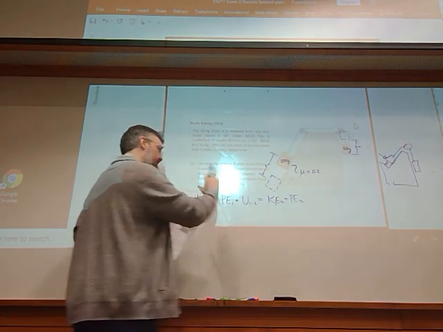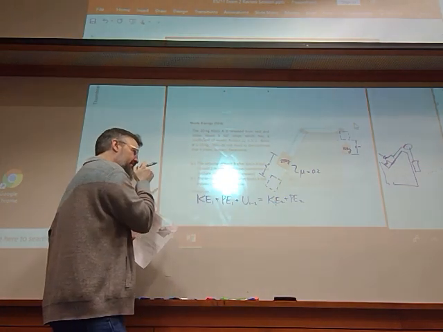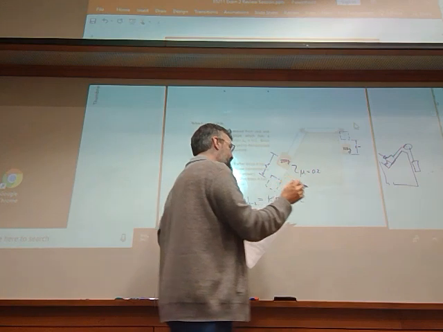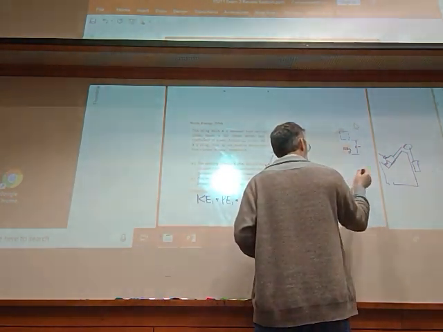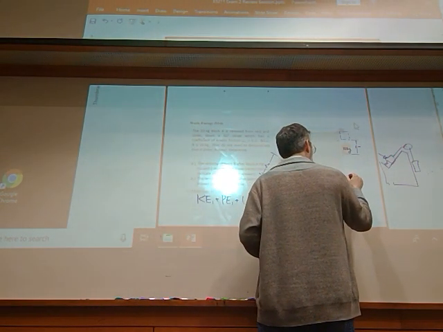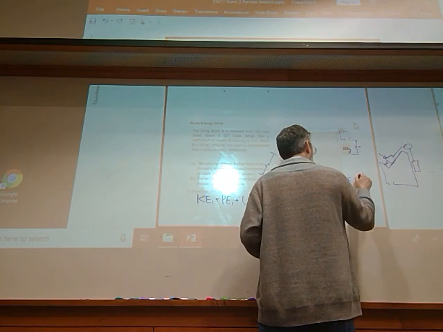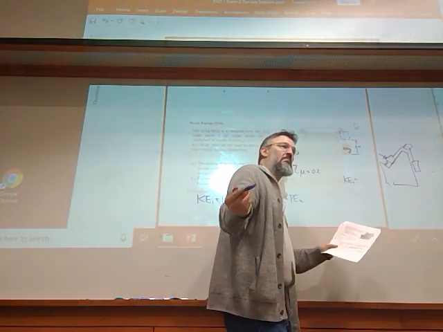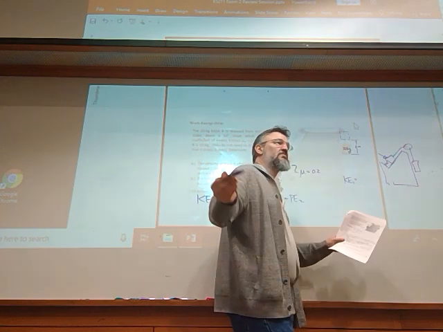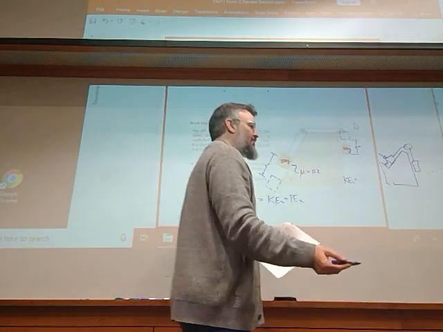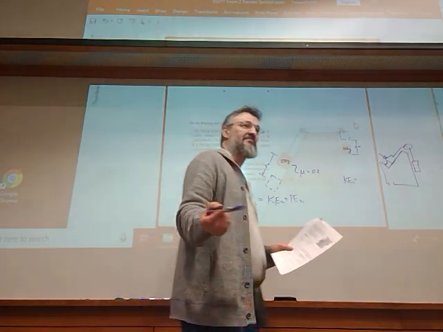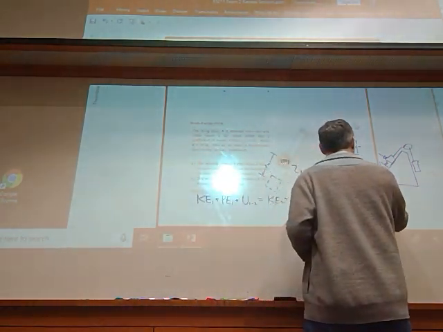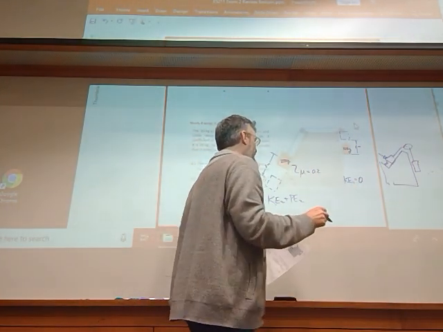Write that out and then start trying to populate it, trying to figure the thing out. In fact, what I like to do is make a list of them, right? So I start out and start thinking my way through. KE1 is equal to what? That's true, but in this case, it's not moving. It's released from rest, right? So 0. Yay. Okay.